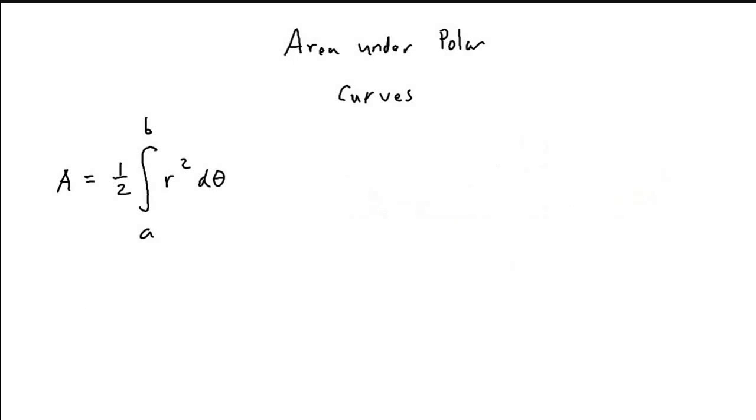Now keep in mind that sometimes when you integrate these polar equations, you're going to have to integrate something like sine squared of theta or cosine squared of theta. And we can't really integrate that, so we have to change it and use what's known as the half angle formula.